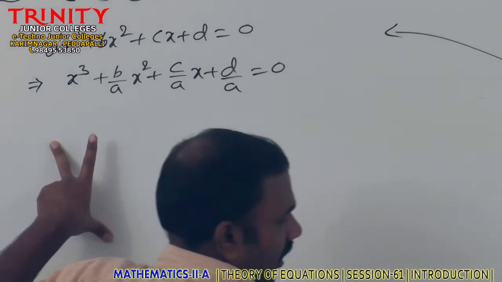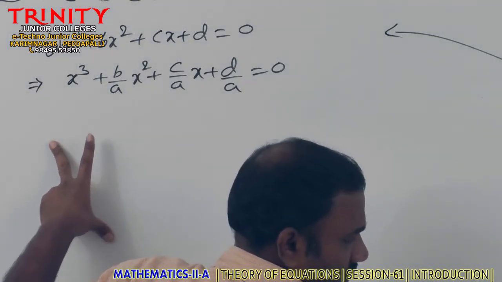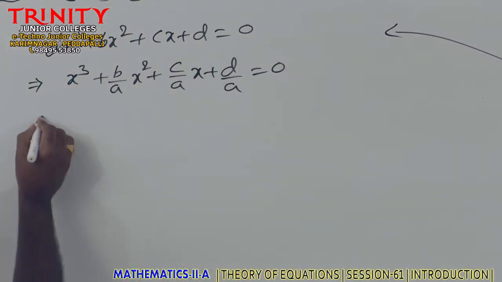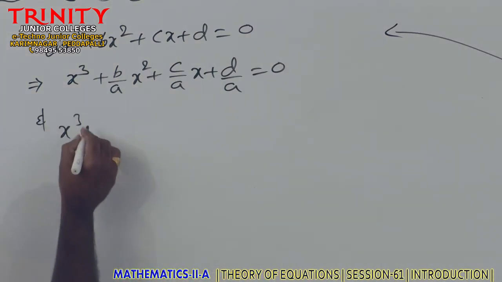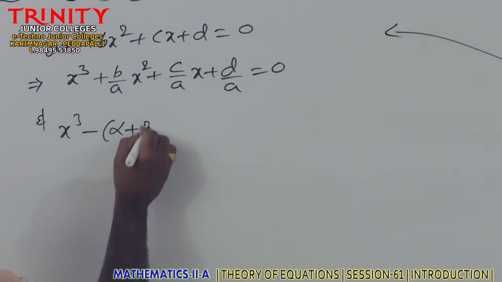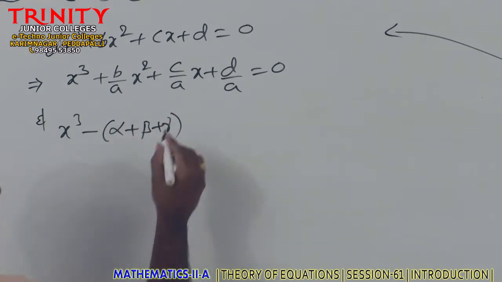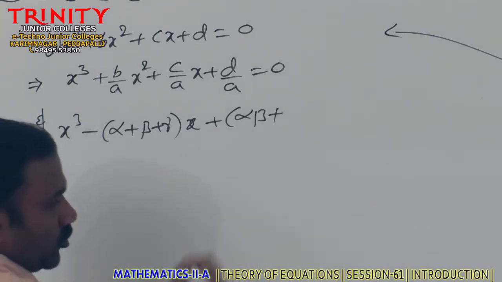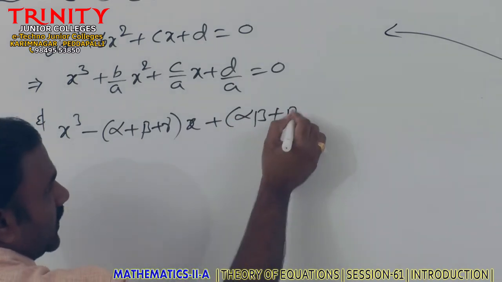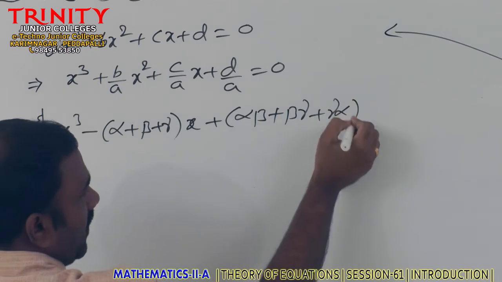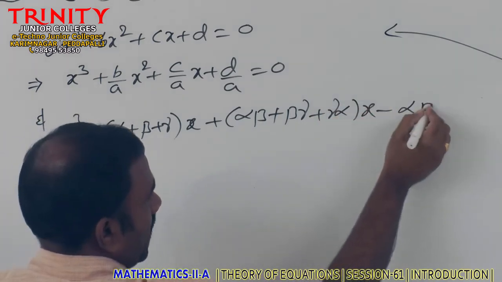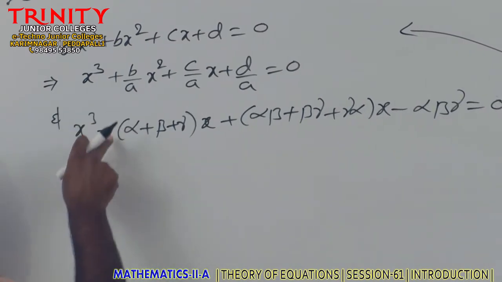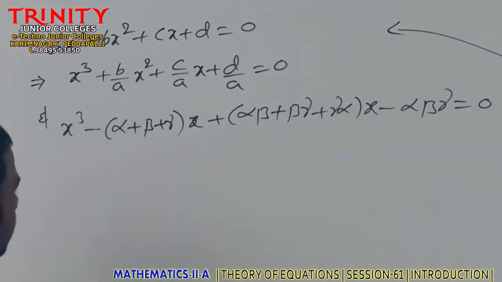And with alpha, beta, gamma as the roots, the equation we got is x cube minus sum of the roots (alpha plus beta plus gamma) into x square plus sum of products of two roots (alpha beta plus beta gamma plus gamma alpha) into x minus product of the roots alpha beta gamma equal to 0.